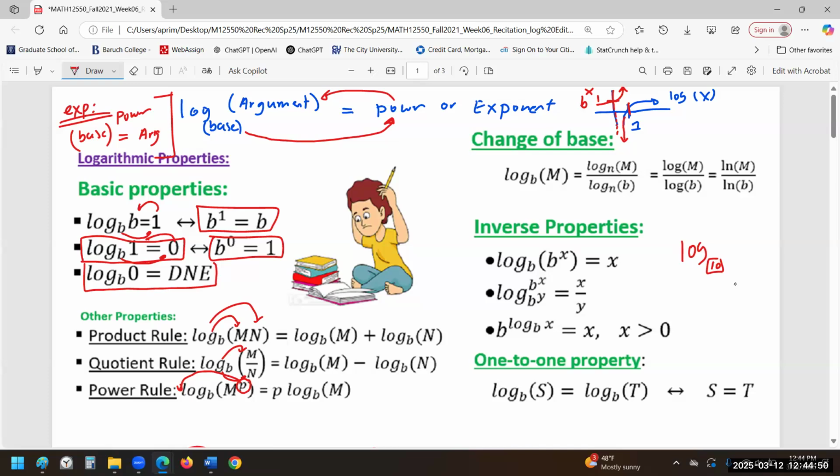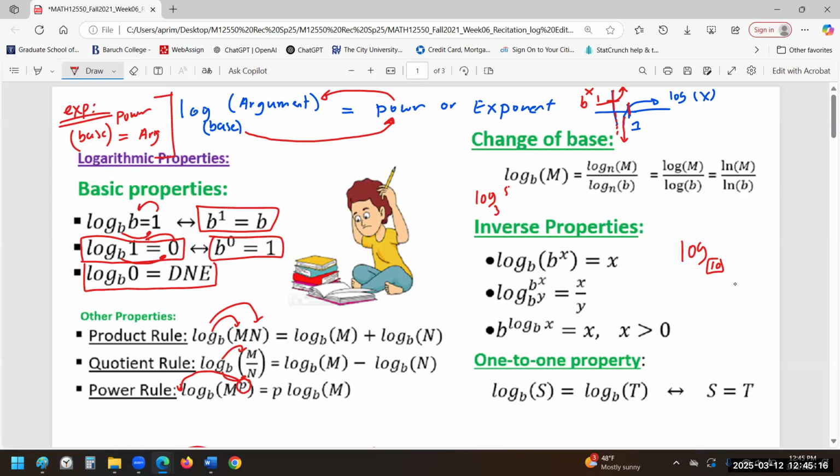But let's say you want to find out what is log base 3 of 5. A calculator cannot calculate this because it doesn't have the base option. Not every calculator. Some calculators do, but not this calculator. Most calculators don't have this option. So we want to find how much it is, so we convert this into base 10.